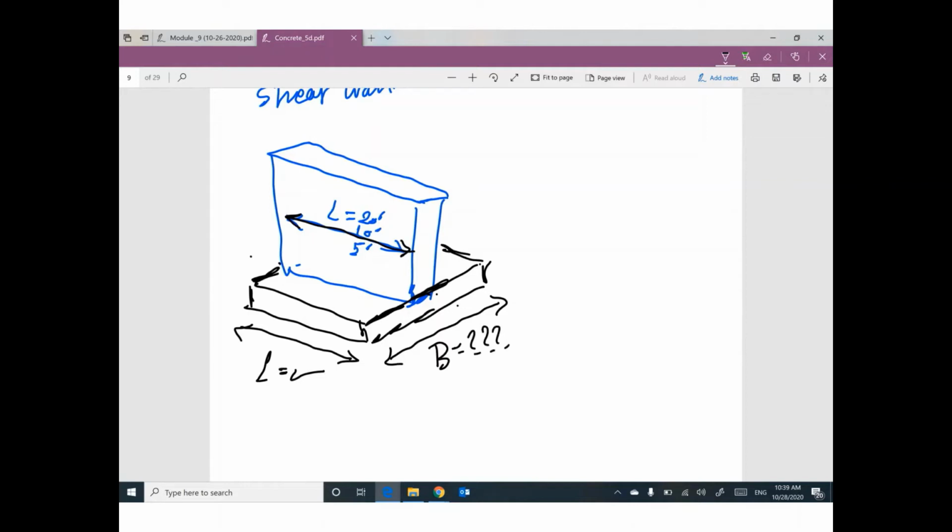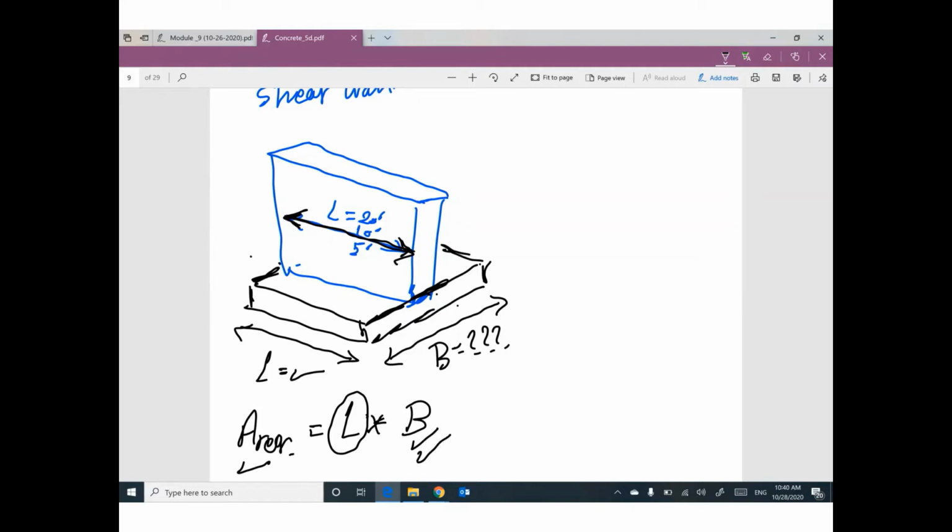If you get the area required, this area will be length times B. From the length of the wall, I can figure out this length. So I can finally determine the width of the footing. This is the first case.